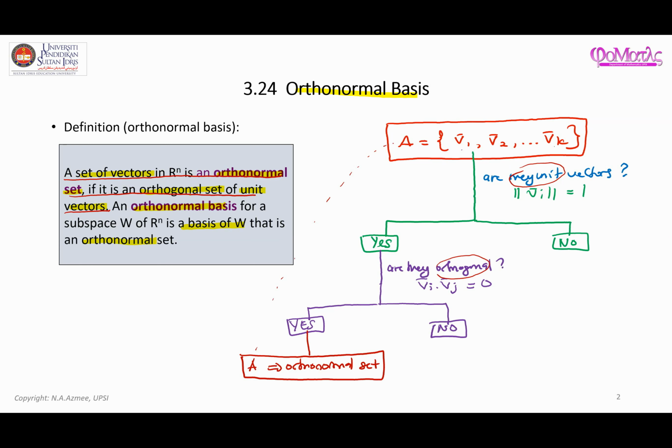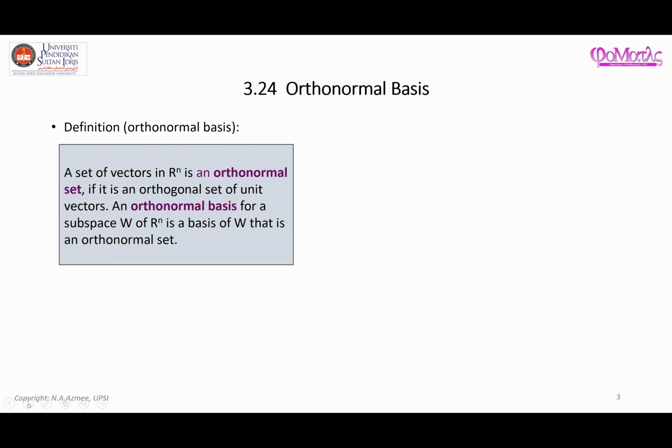Now let's look at the idea of orthonormal basis. For orthonormal basis, you can think of having a vector space. Here is the vector space, and from this vector space, there is this subspace.